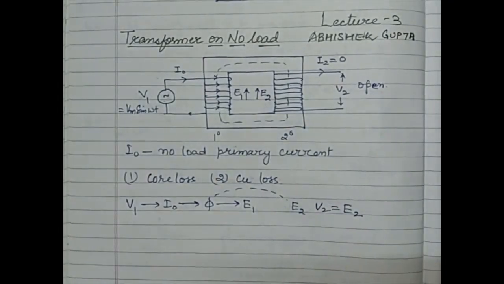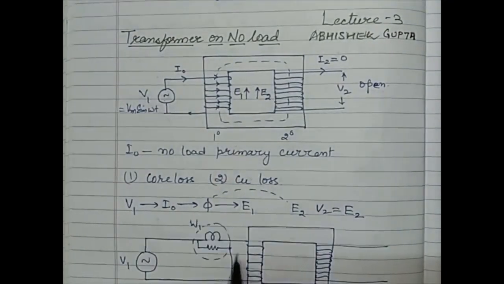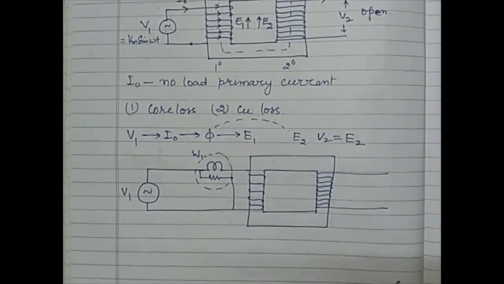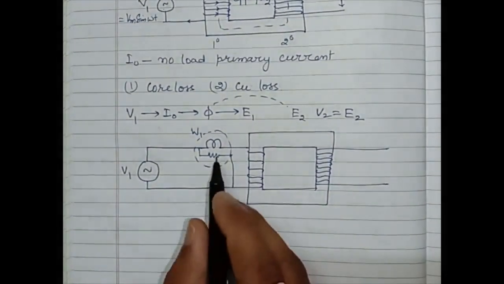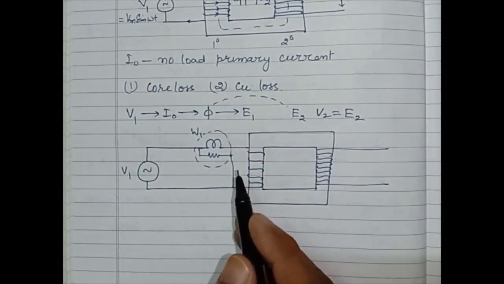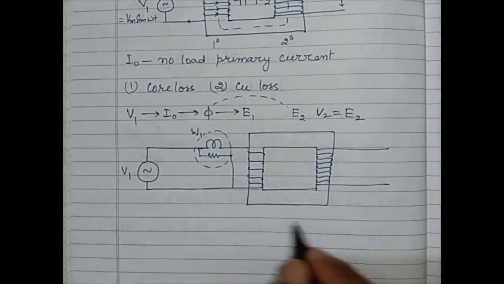Now suppose a wattmeter is connected to the primary winding of the transformer. This wattmeter W1 will measure the input power at no load condition.